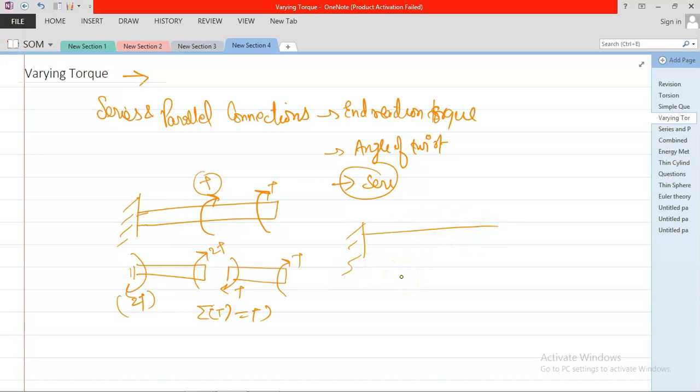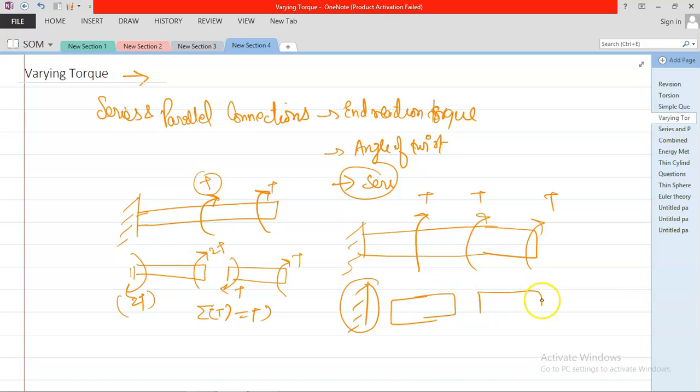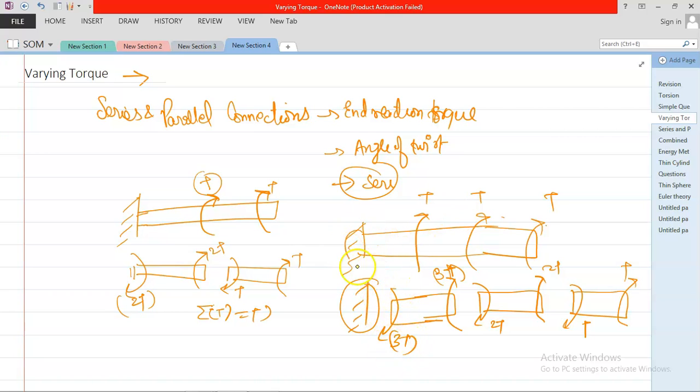Now suppose I put 3 torques in this position, 1 torque, 2 torque and 3 torque. Both have equal values. So I remove this, and here 2T and now again 3T. As you can see, the T is increasing in the direction, and the reaction couple is 3T.